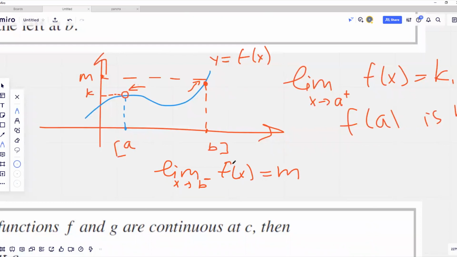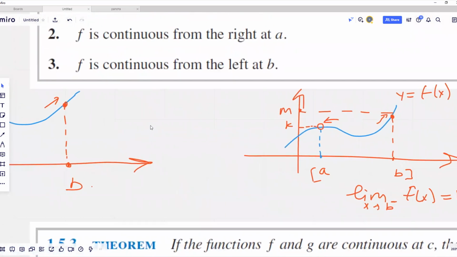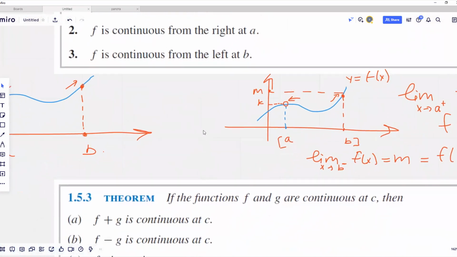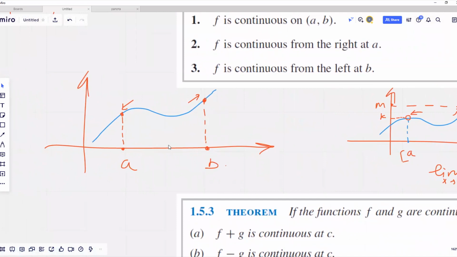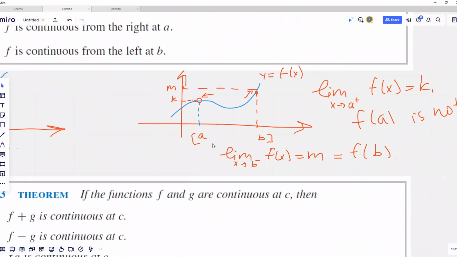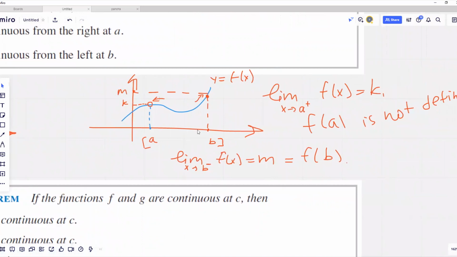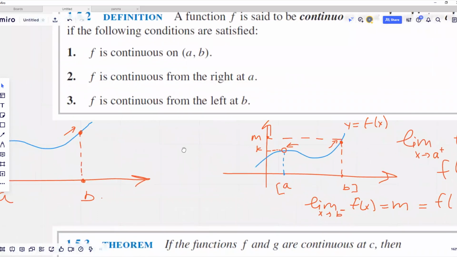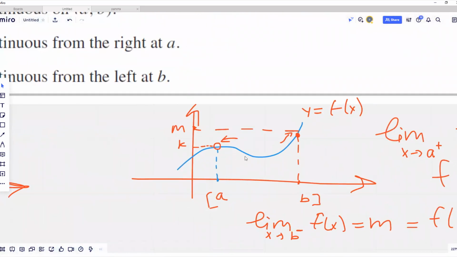It exists and it is equal to the value of function at that right endpoint. So our function is continuous from the left at point b. All right, and in this case, coming back to this example, our function is then not continuous on the closed interval. But it is continuous on the open interval from a to b, since we don't need these two conditions. And it is continuous at every point of this interval here.